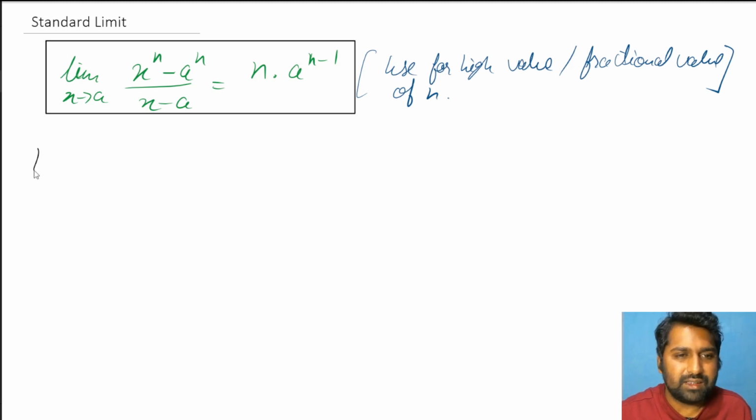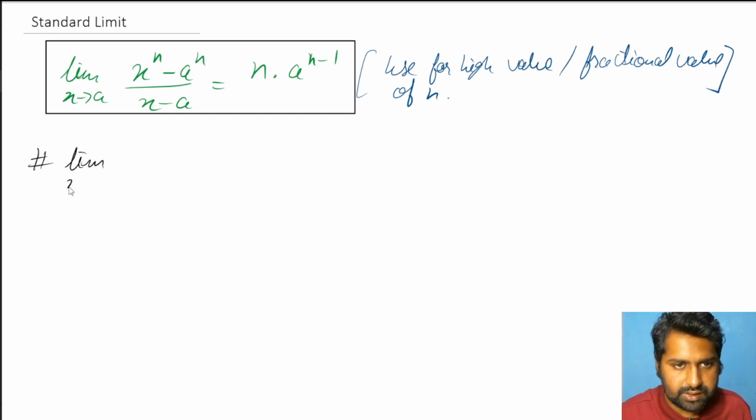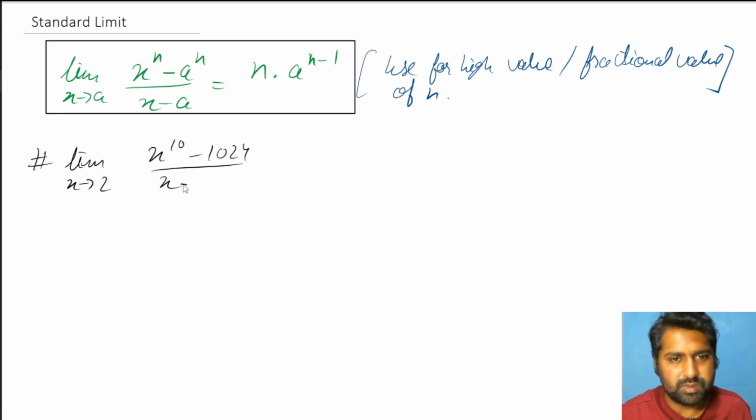Let's see. The questions again are very straightforward because it's a formula based limit. Okay, no concept. The first 2 that we solved were based on the algebraic identities, factorizations, and your rationalization. So look at the question. First one, limit x tends to 2, x raised to power 10 minus 1024 upon x minus 2.